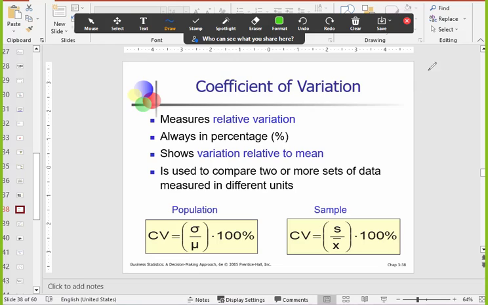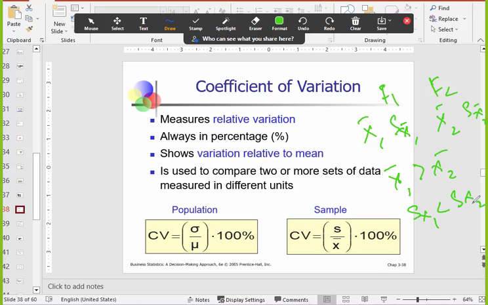The second advantage is that if you have two different share prices, let's say firm 1 and firm 2, two different shares in the market. This is X bar 1 and SX1 for the first firm, and X bar 2 and SX2 for the second firm. Most probably, if X bar 1 is greater than X bar 2 and SX1 is less than SX2, we will say that share price F1 is better than F2.